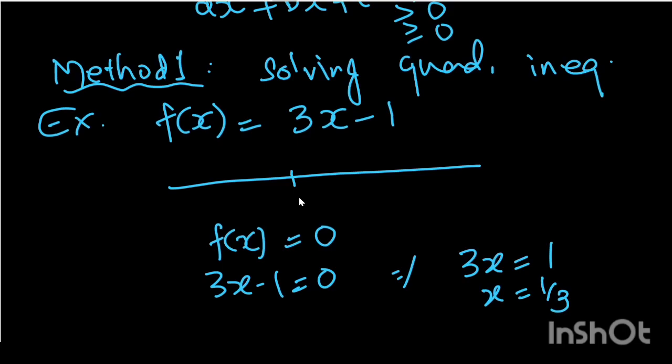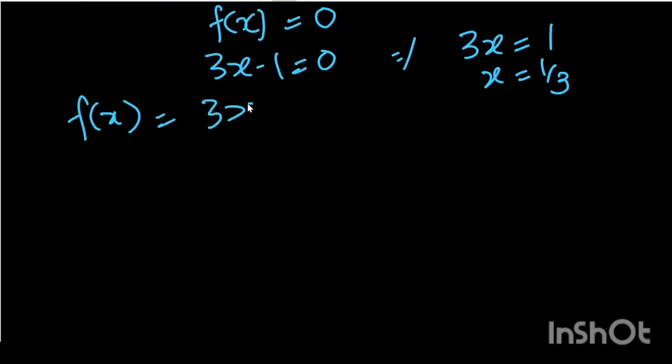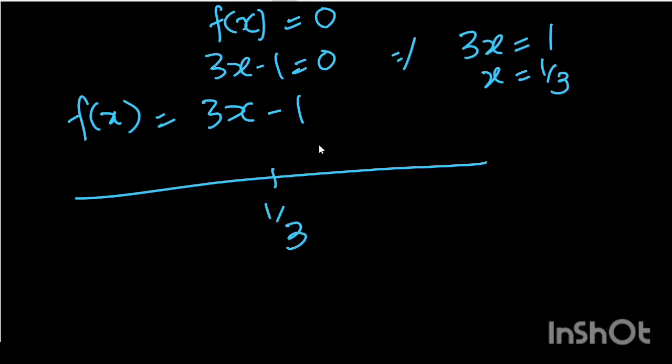So for fx equals 3x minus 1, at 1 by 3, here I will write plus, here I will write minus. Plus indicates fx is positive for all the values greater than 1 by 3, and fx is negative for all the values lesser than 1 by 3.